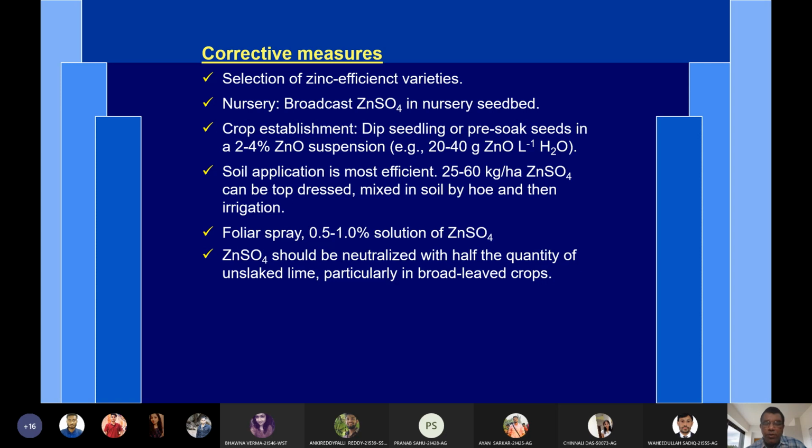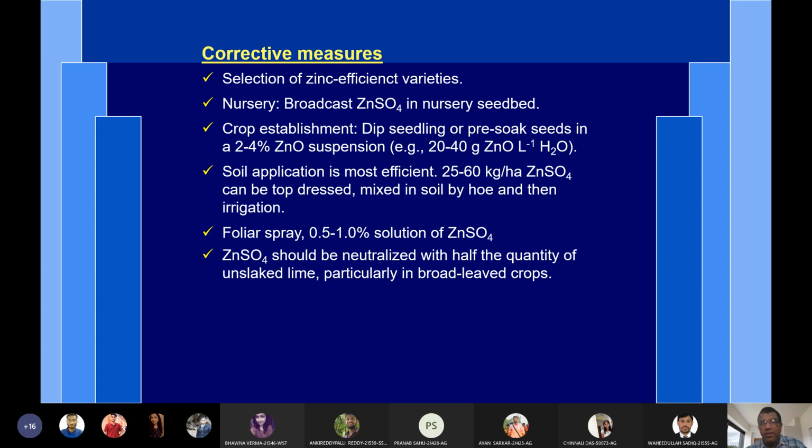Or one can go for foliar spray of 0.5 to 1% zinc sulfate. However, zinc sulfate should be neutralized with half the quantity of unslaked lime, particularly in broad-leaved crops. What happens if you directly spray zinc sulfate without neutralizing its acidity? Then the leaf will be burnt.